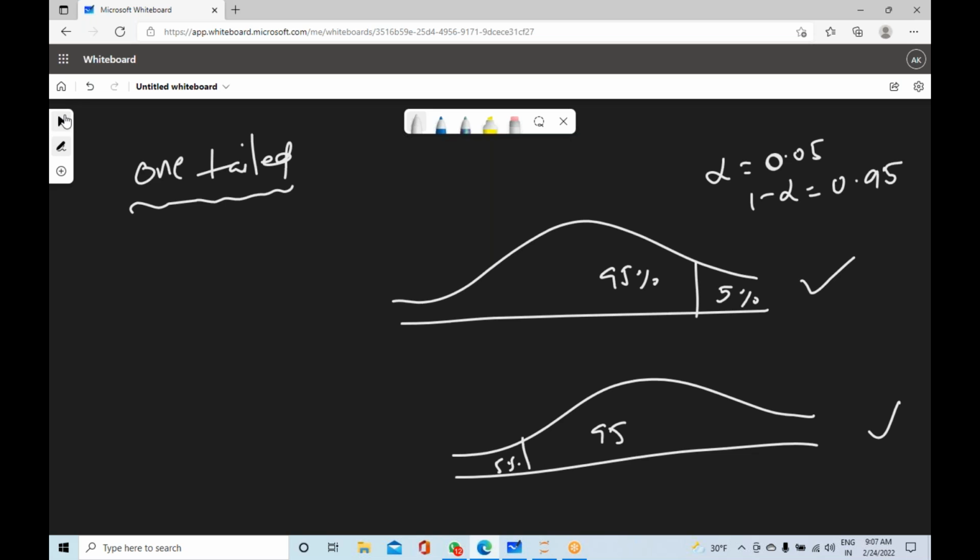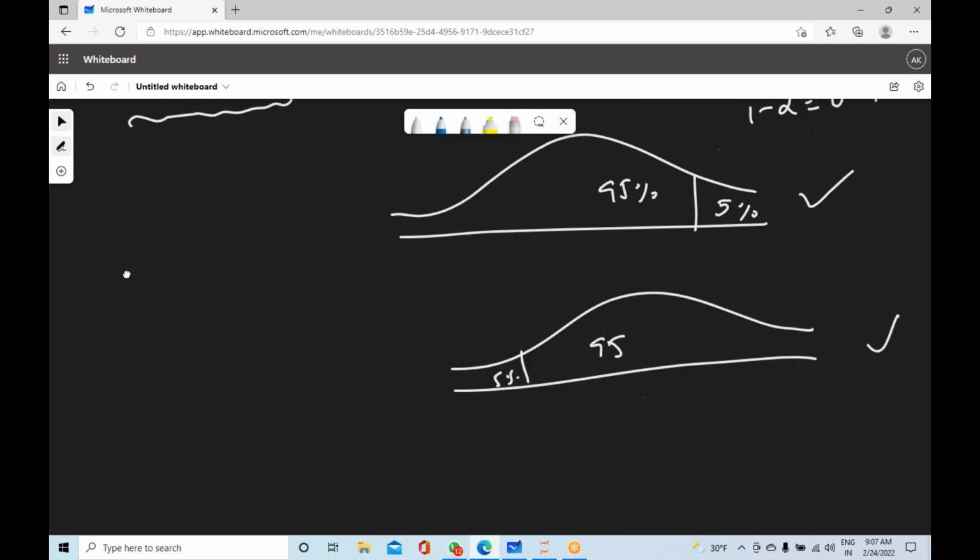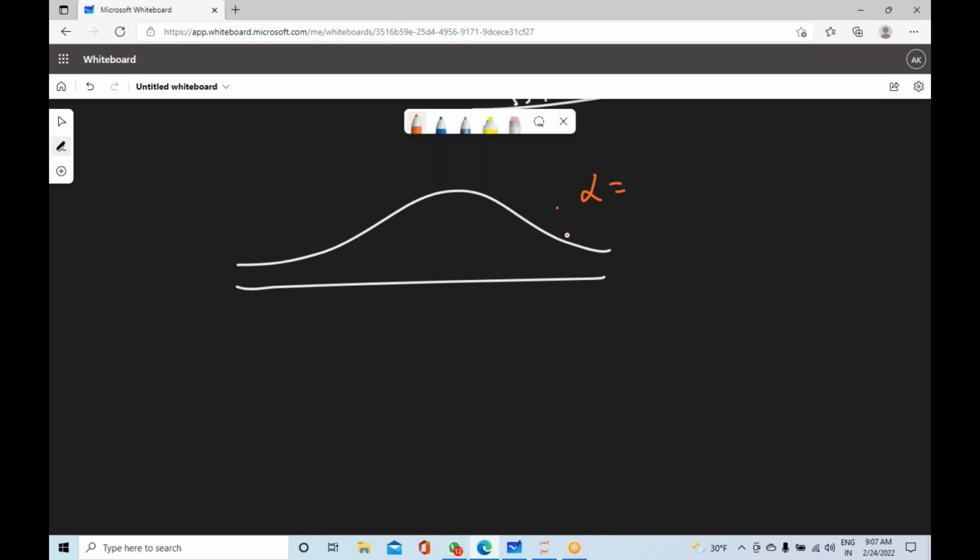When I go with two tail, you have the significance value. Your alpha will be 0.05, right? That means the left side will be 2.5 percent and the right side will be 2.5 percent.